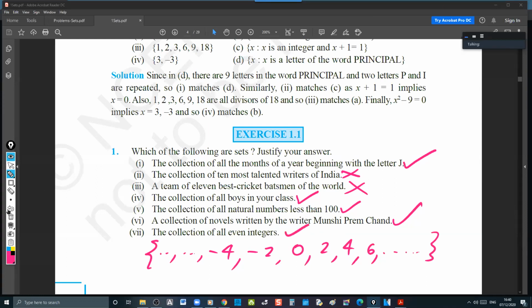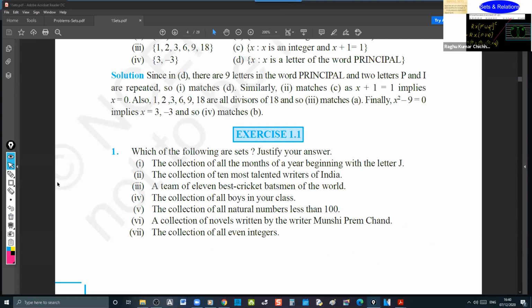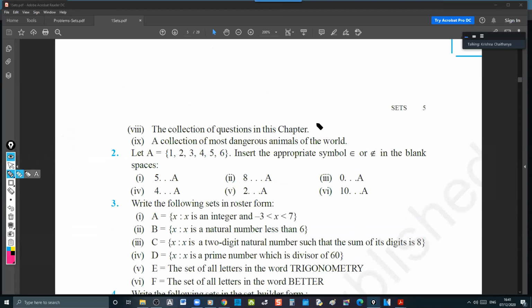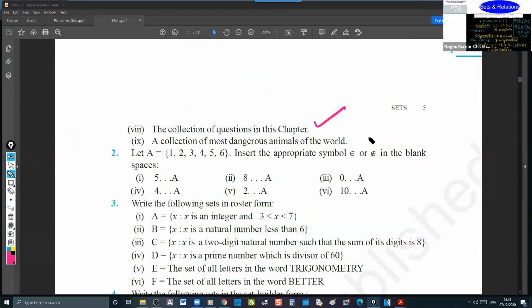Now, the eighth one is a set, sir. Just a moment, let me open it. The collection of questions in this chapter. Yeah, it is a set, sir. Okay. And the ninth one is also a set. Think.